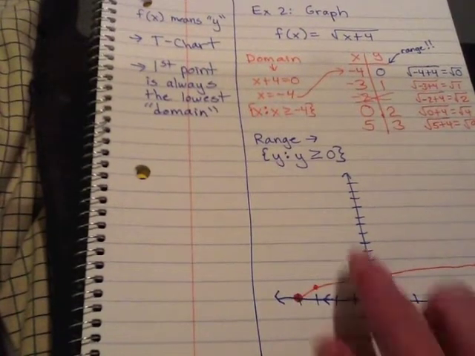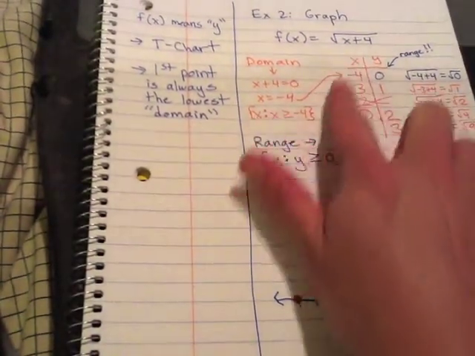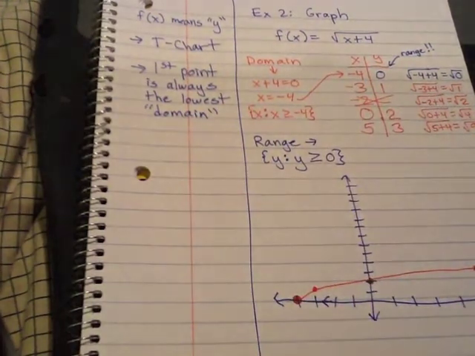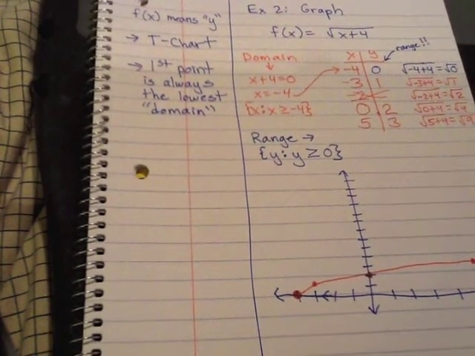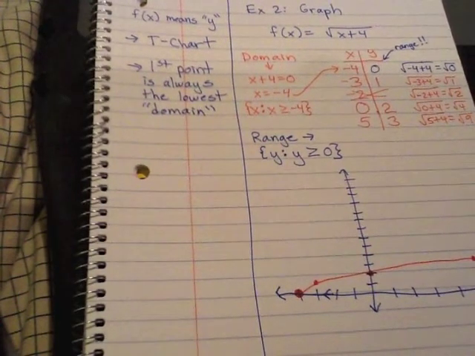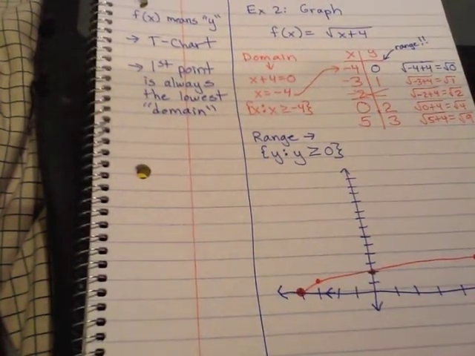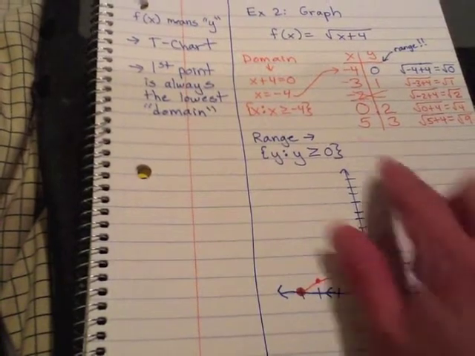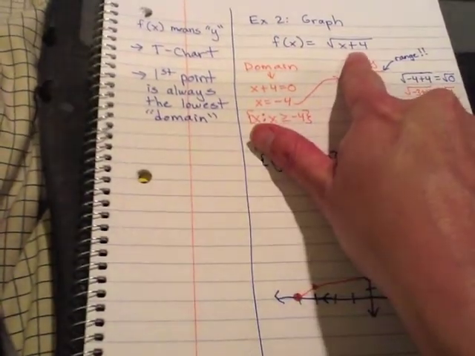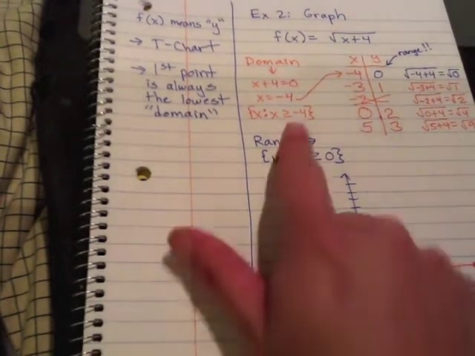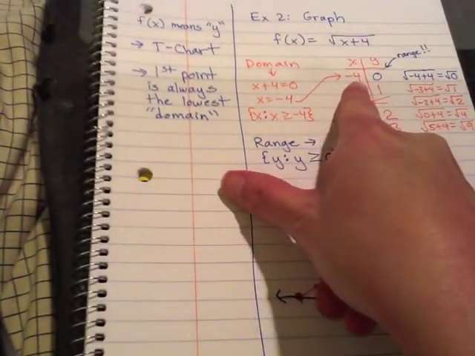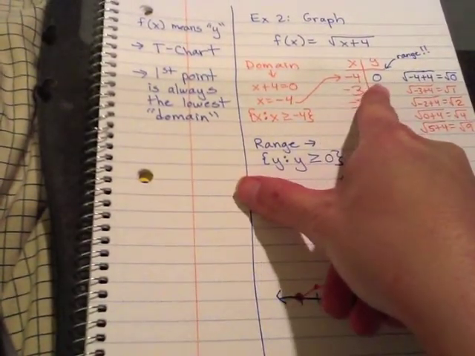Your domain you find by taking what's under the square root, setting that equal to 0. Whatever that makes equal to 0, that is your domain. All your numbers are either going to be greater than or equal to that, because you have to make sure you don't have negatives under your square root. Once you plug that domain number in for x, you're going to find the y that matches it, which in this case is 0.